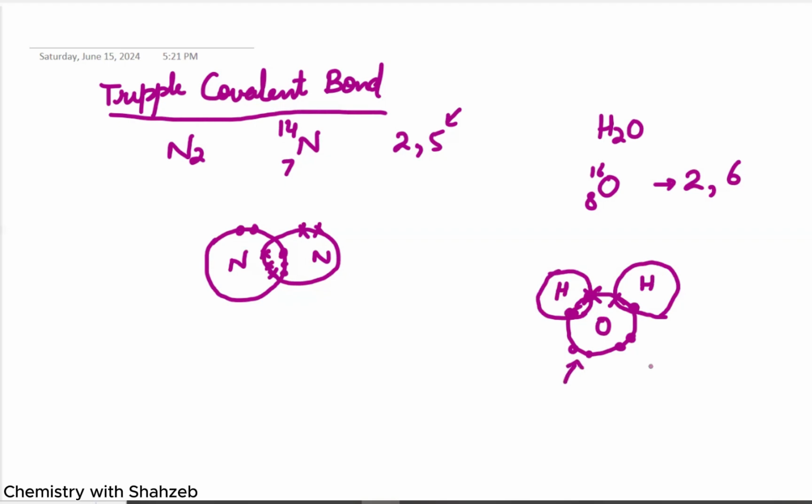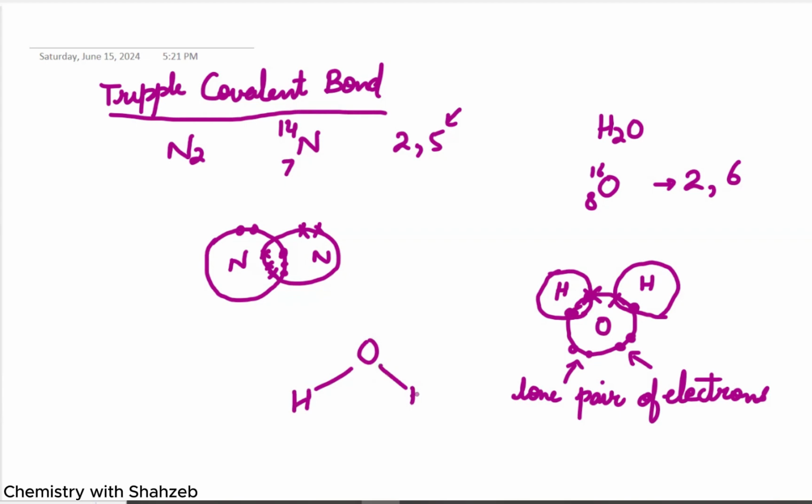These 2 electron pairs which are on each side are called lone pairs of electrons. Their structure would be represented as O, with the hydrogens, and 2 lone pairs that would come on each side like this.